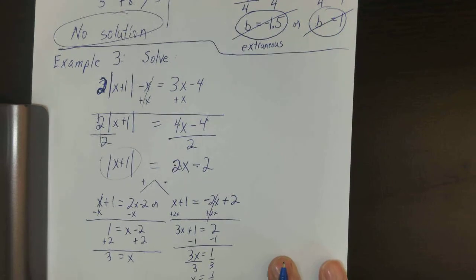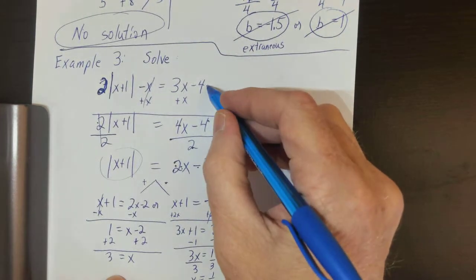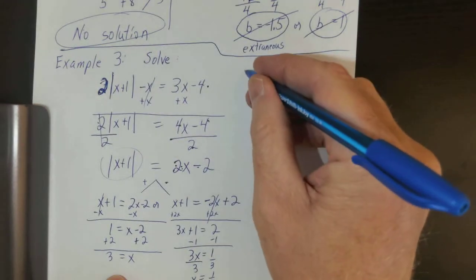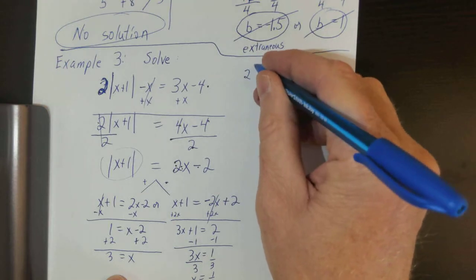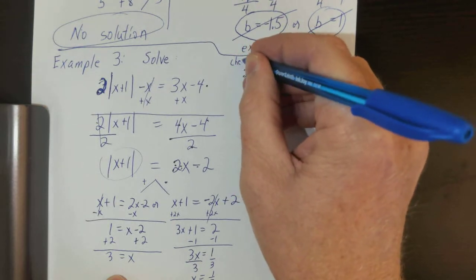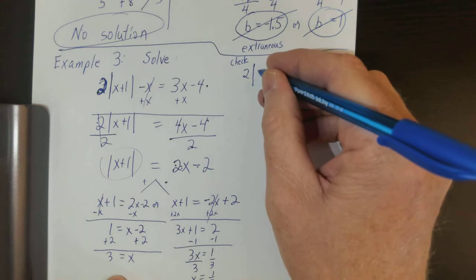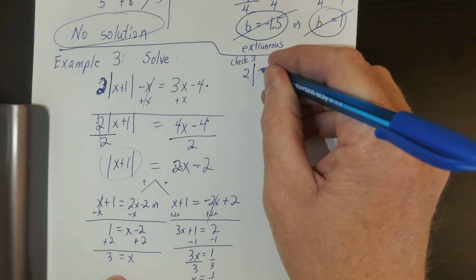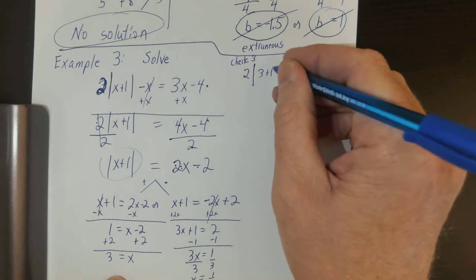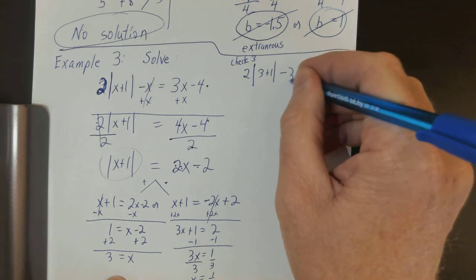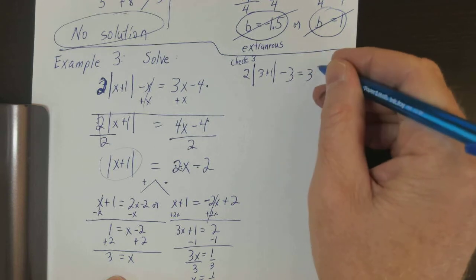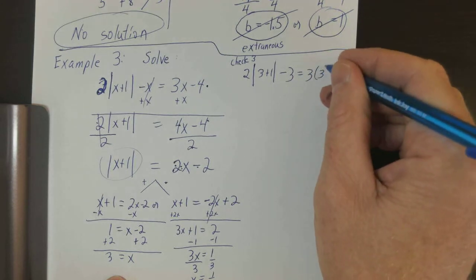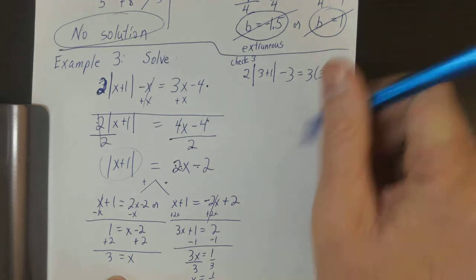All right, it is time to check in our original problem. This is the checking part. I'm checking 3. So 2 times the absolute value of x plus 1 minus x equals 3x minus 4.